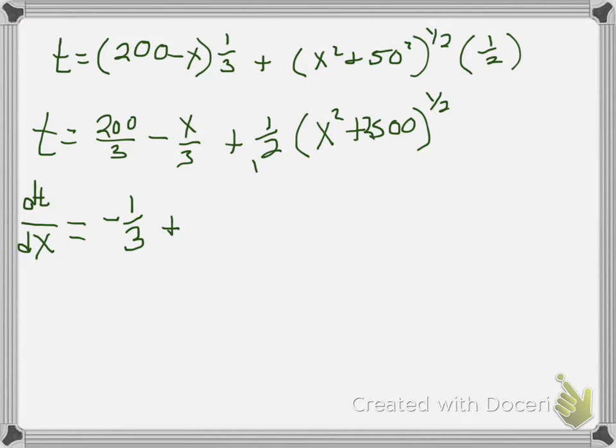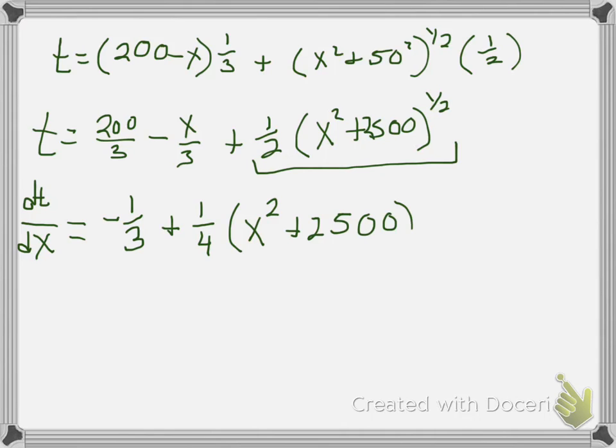Now the derivative of this thing: 1/2 times 1/2 is 1/4, times, we leave the inside alone, x squared plus 2500 to the 1/2 minus 1, which is negative 1/2, and the derivative of the inside is 2x.